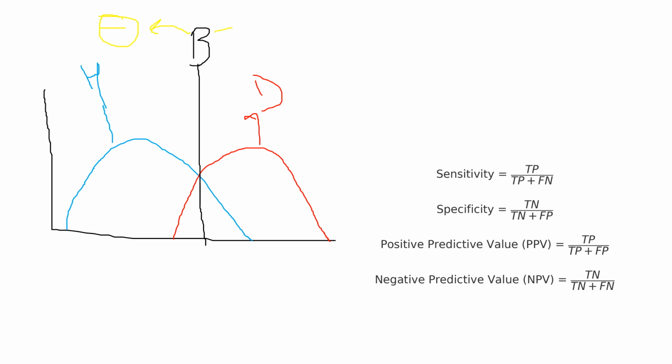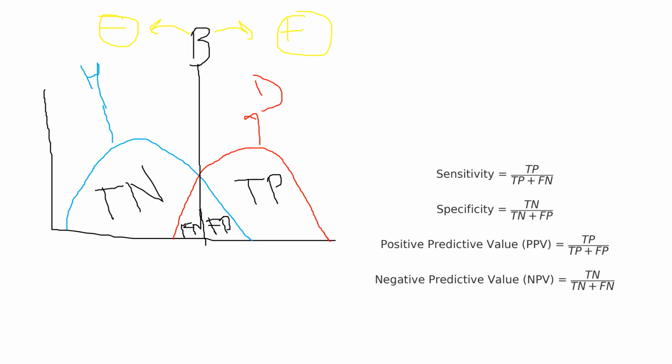Everyone to the right of this is deemed positive. If a person is healthy and he is tested negative, that is true negative. If the person is healthy and he is tested positive, that is false positive. If a person is diseased and he is tested negative, that is false negative. And if a person is diseased and he is tested positive, that is true positive. If you know these labels, that would help a lot.